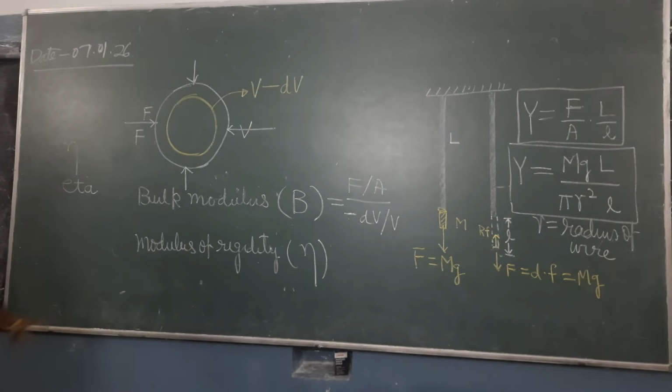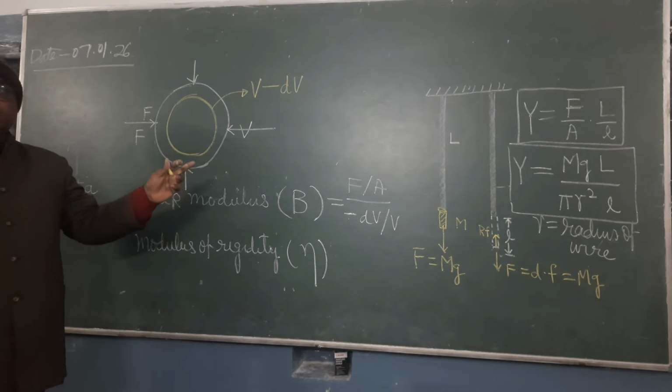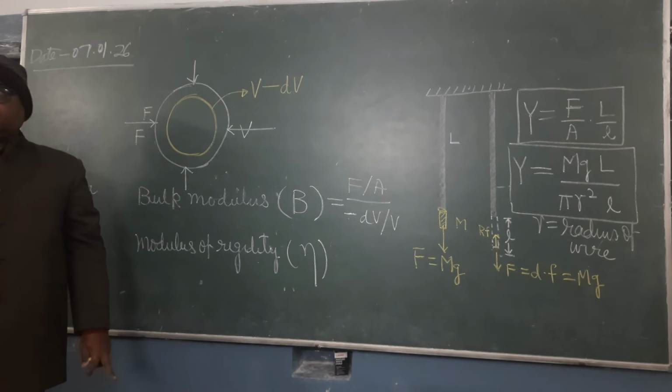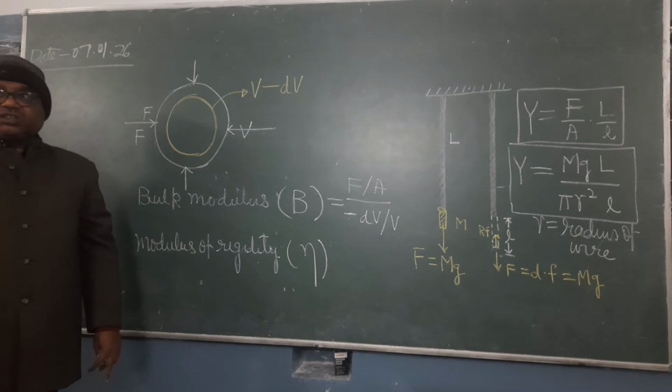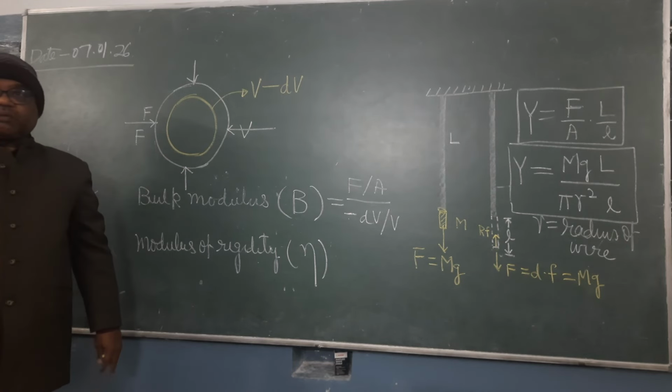But already I have explained that F upon A is what? It is the pressure which is acting upon it. Extra pressure means other than the atmospheric pressure.